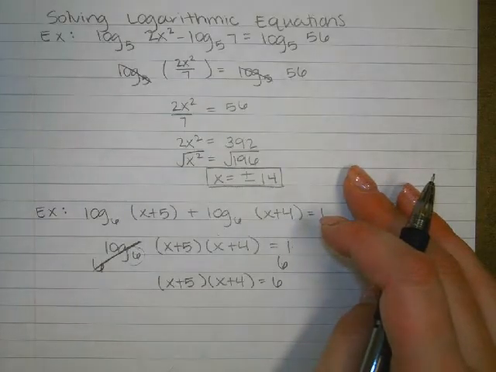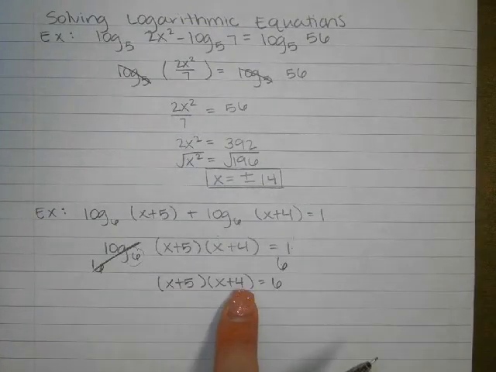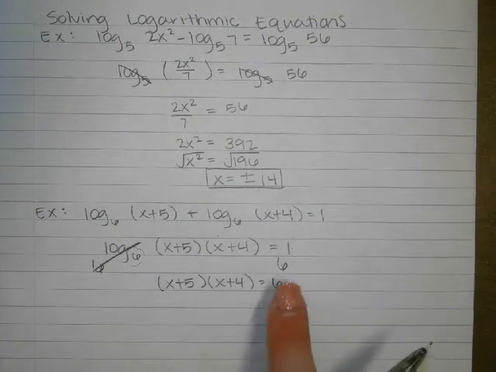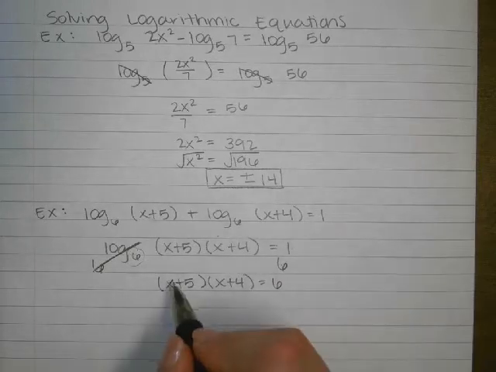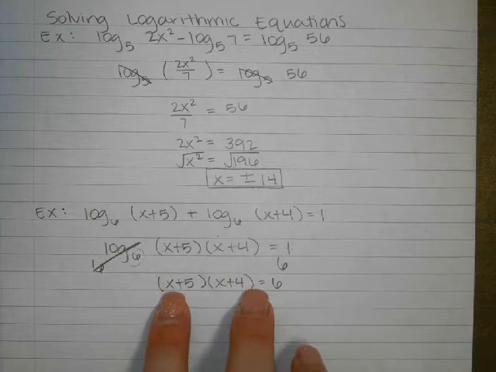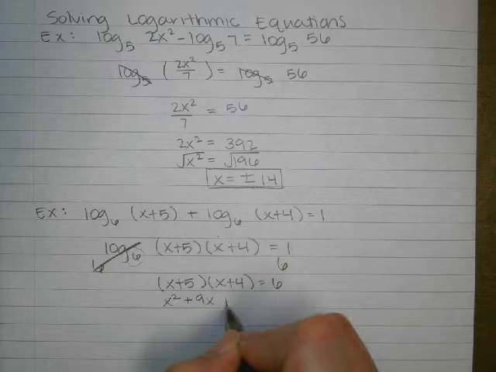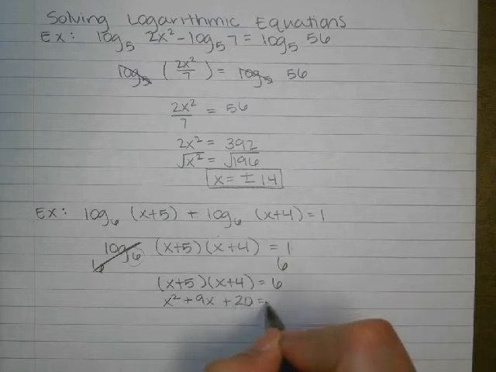Okay, so I'm going to go ahead and FOIL these out. I can't say x equals -5 and x equals -4 because this does not equal 0. So I've got x times x is x squared plus 4x plus 5x, and then 5 times 4 is 20.